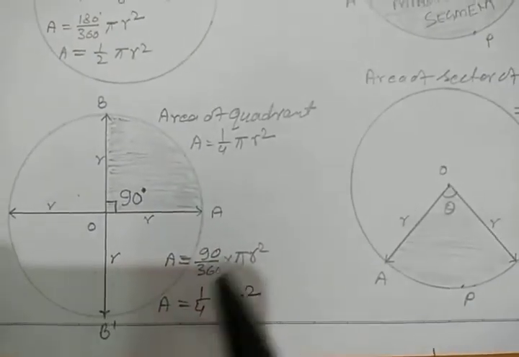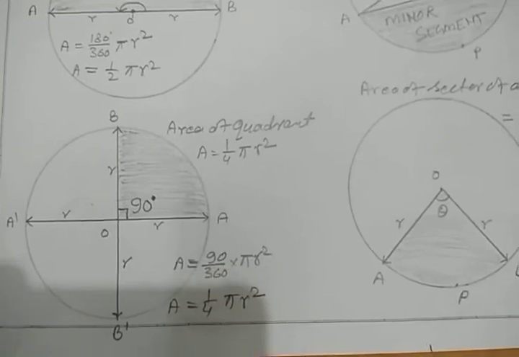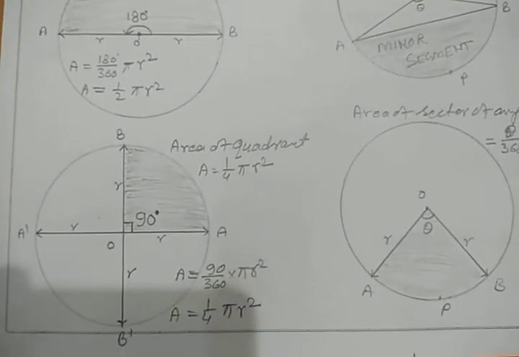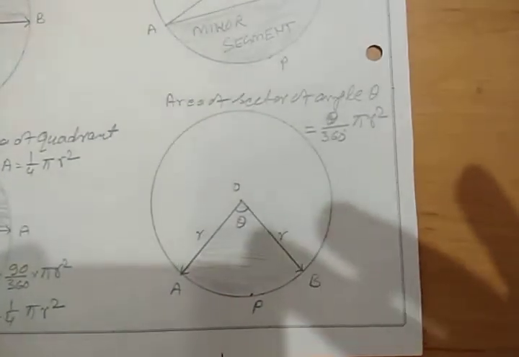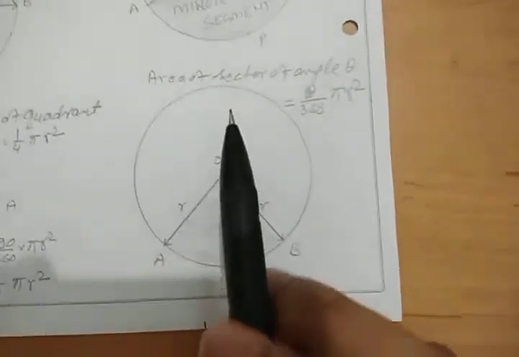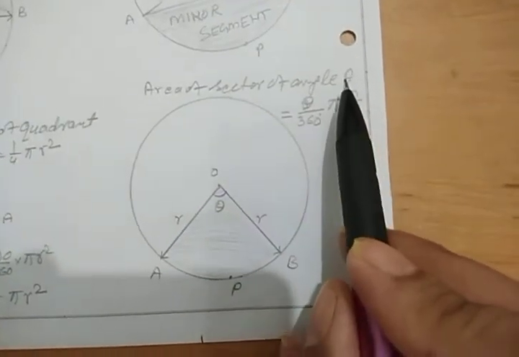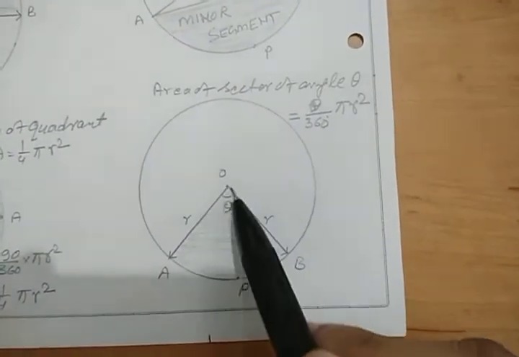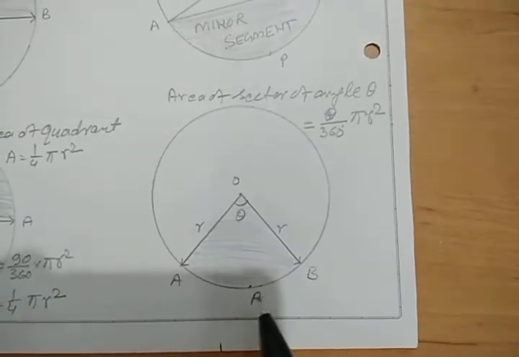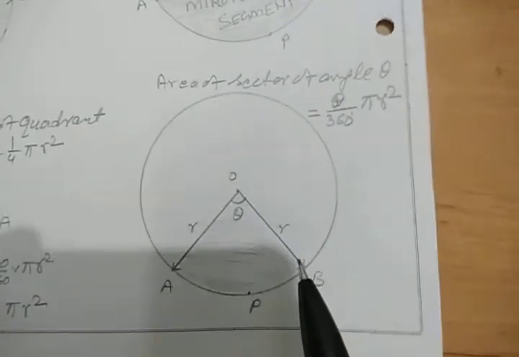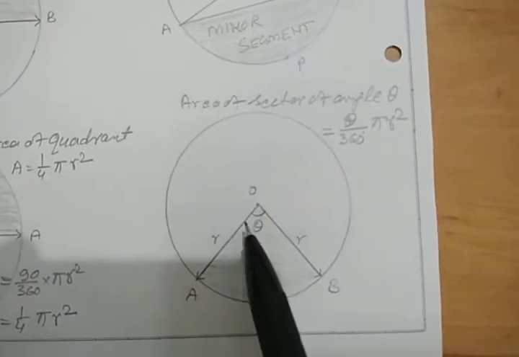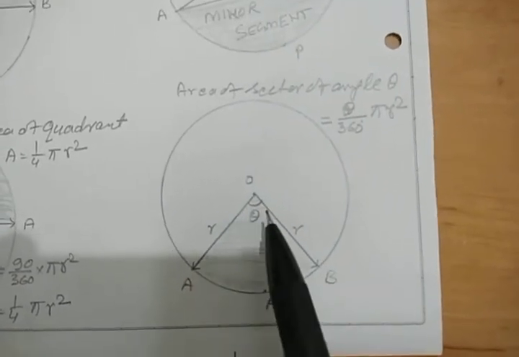In the similar manner, if we don't know the particular angle, 180 degree or 90 degree, suppose the sector has angle theta, where radii OA and OB and the corresponding arc APB make angle theta at the center.